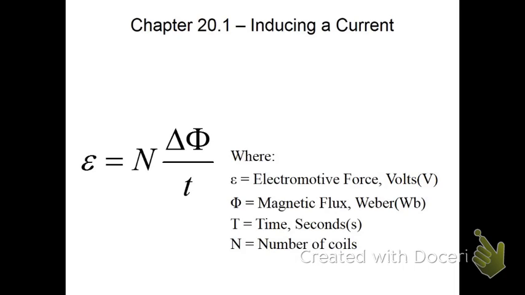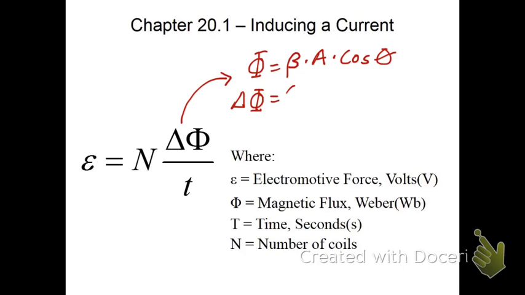Okay, so we're going to kind of recap, and I'm going to concentrate on this delta Webers term here. Because what we need to do is we need to calculate Webers, and then we need to find a way to make Webers change, and as important, change quickly.